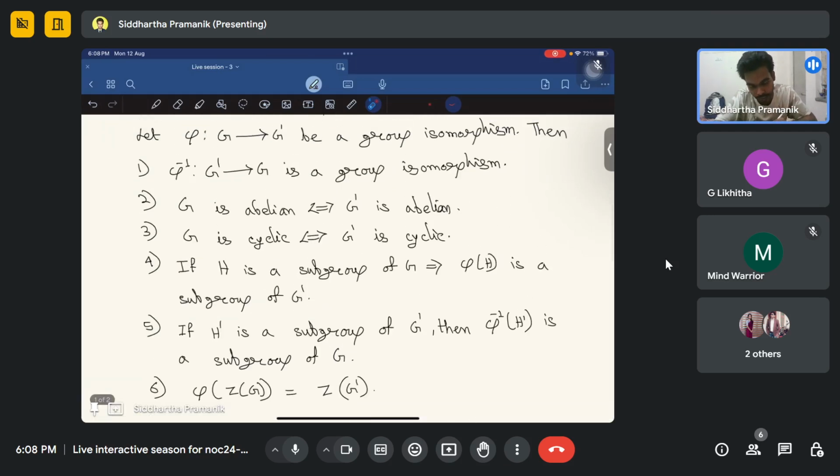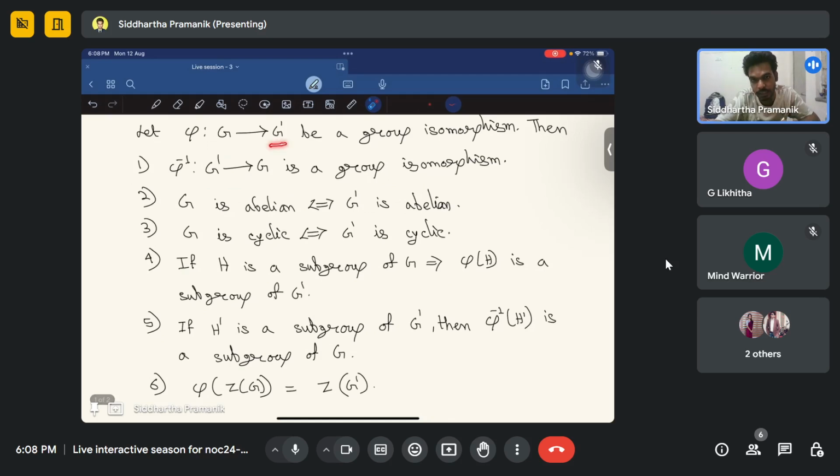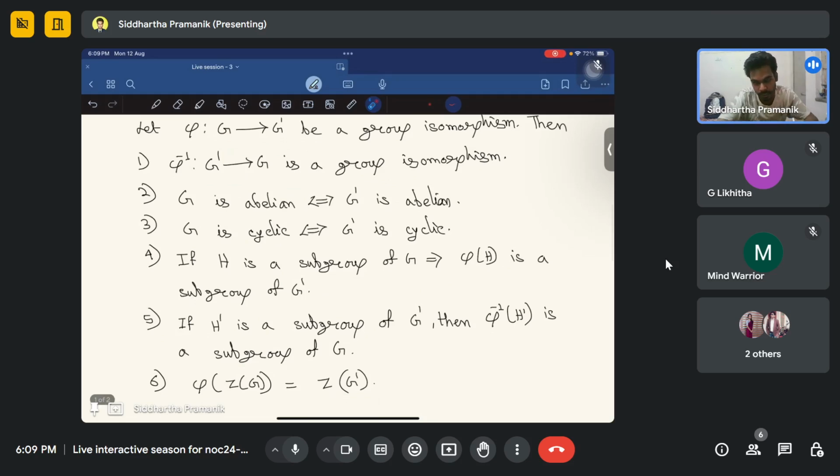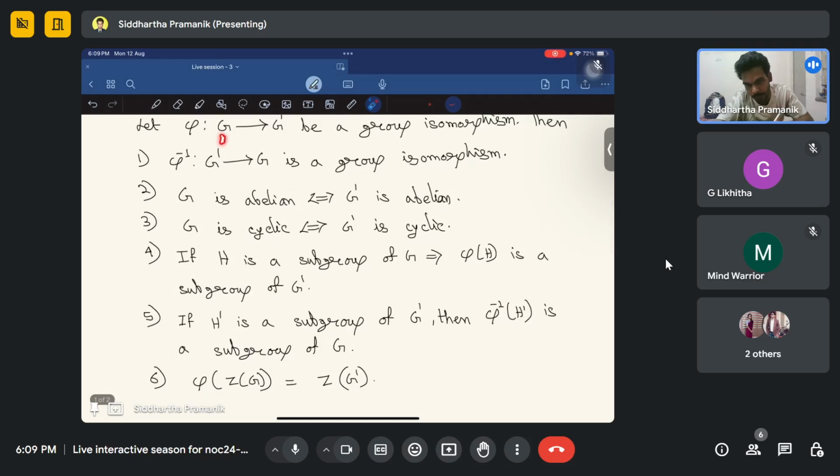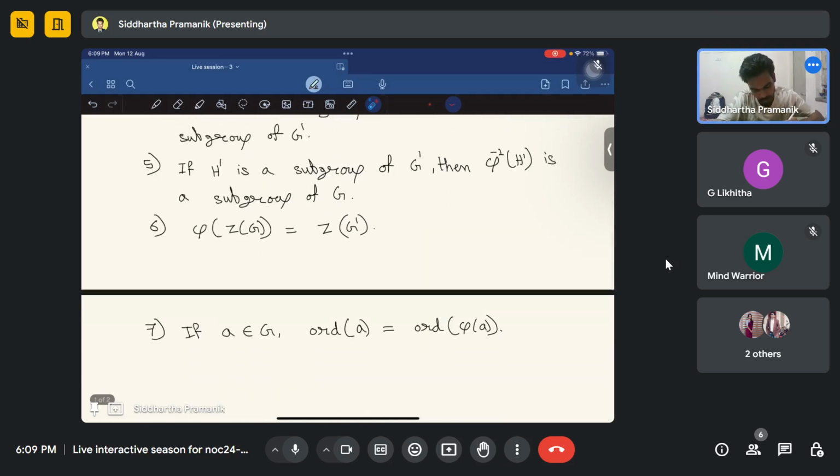Fourth: if you take a subgroup in G, its image is also a subgroup in G prime. Similarly, if you take a subgroup in G prime, its inverse image is a subgroup of G, which is the fifth one. Sixth one says the image of the center of G is the same as the center of G prime. And the last one is: in G, if you have an element a, then the order of a is the same as the order of the image of a.